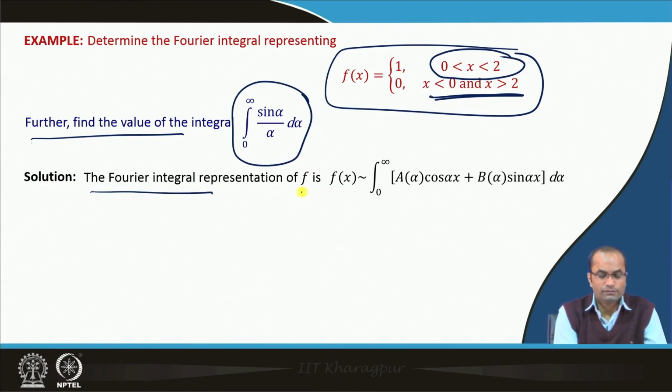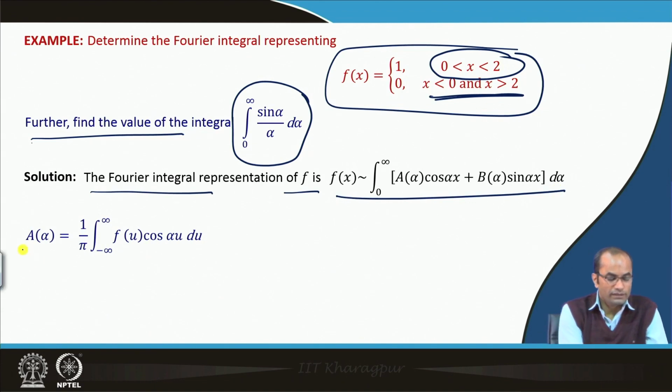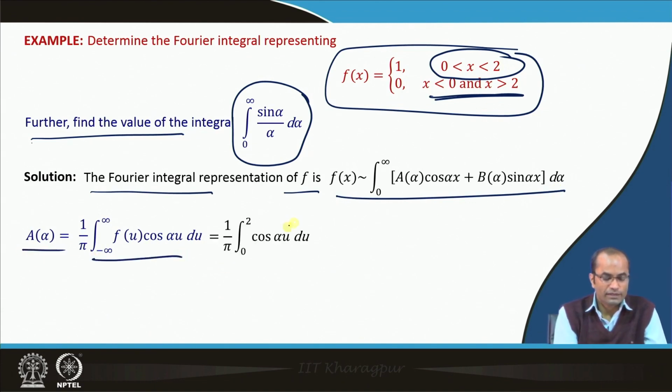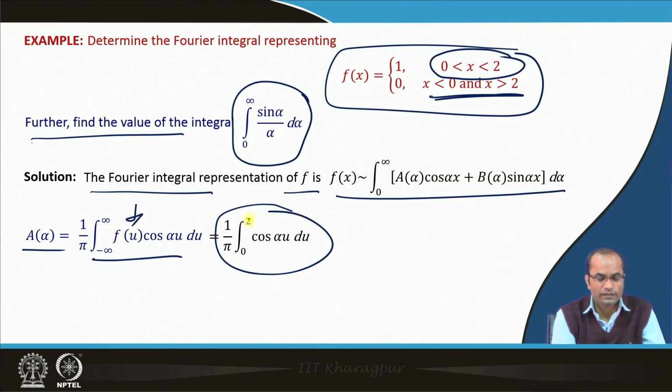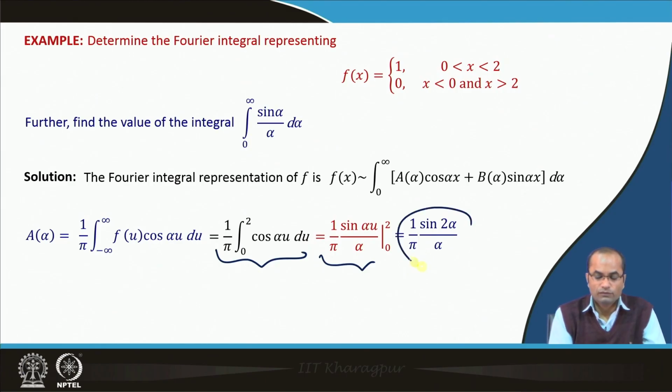The Fourier integral representation of f will again be given by this formula, where we can compute A(alpha) by substituting this f(u), which is defined as 1 only in the range 0 to 2. So, we can easily perform this integral, and we will get the value 1 over pi times sin(2 alpha) over alpha.